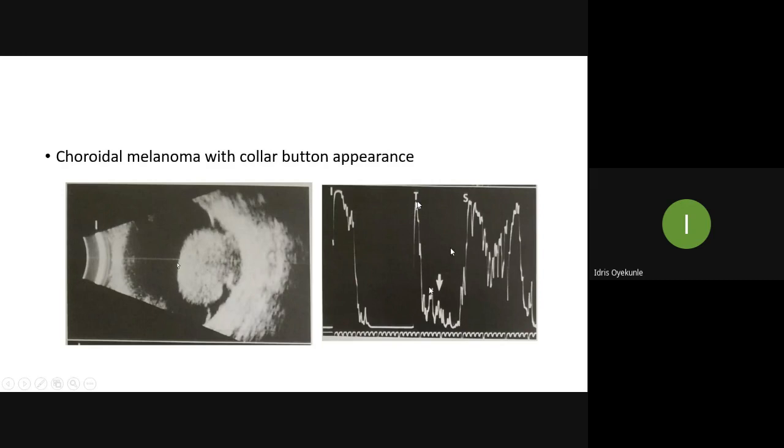And then this is the internal structure, which is relatively uniform. We don't see very variable spikes within the internal structure of the tumor. And this corresponds to the sclera here. So this is a typical large choroidal melanoma with the collar button appearance.